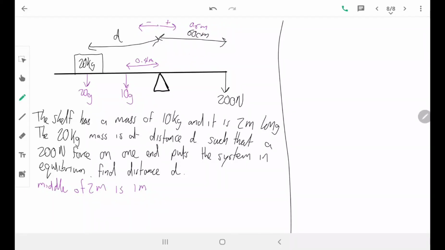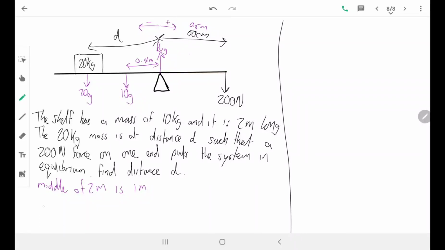We're then going to do some of our moments. So the sum of the moments equals 0. So we might as well just go crazy and call that one big R again. Might as well. Just so that you know that force is there.